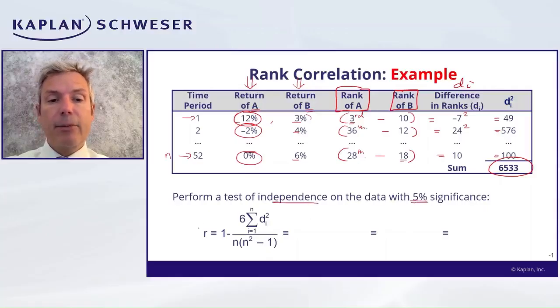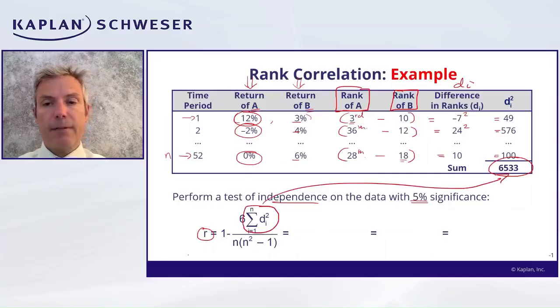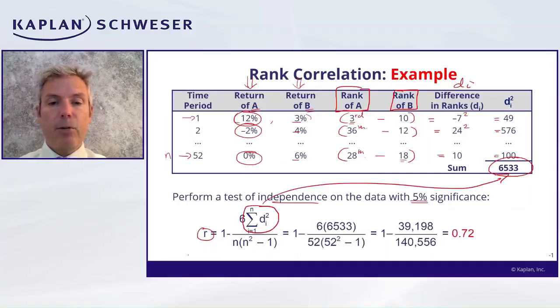So this is how we get our sample r. We use the formula for the Spearman rank correlation coefficient: 1 minus 6 lots of sigma d squared over n lots of n squared minus 1. This ugly stuff there, that is 6533. All you need to do is take 6533 and multiply it by 6.